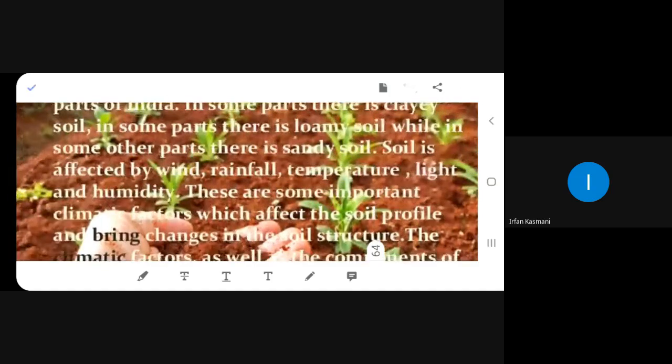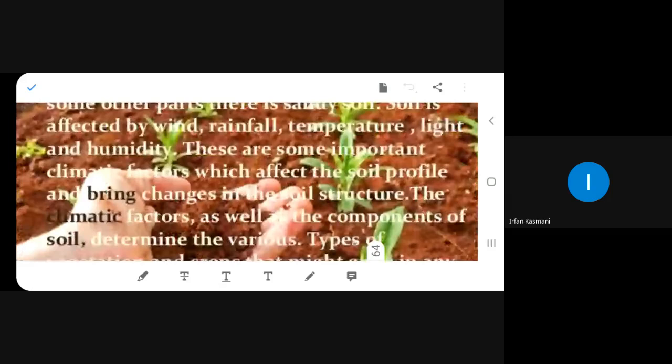These are some important climatic factors which affect the soil profile and bring changes in the soil structure.